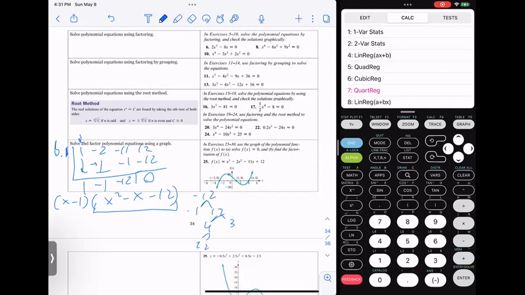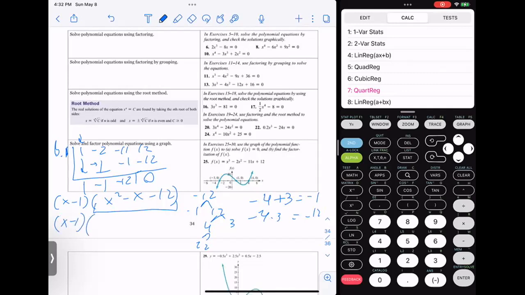But what about -4 and +3? -3, +4. So -4 + 3 add to give you -1. -4 times 3 is -12. So that's the one we want. Okay, so we write it like this.